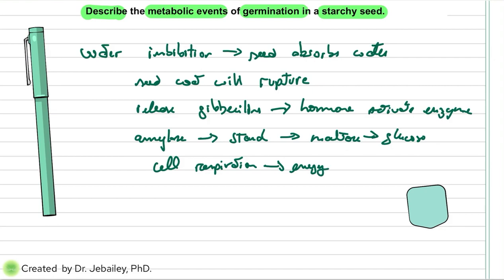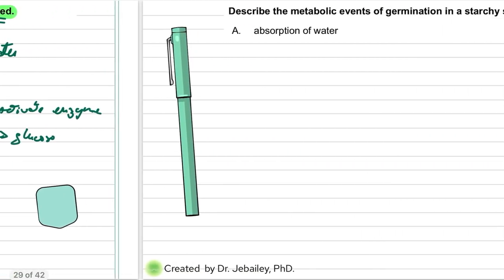And there's going to be a lot of movement of sugar for the metabolic rate of the seed turning into a plant. So this is basically what's going to happen every time we talk about the metabolic events of germination in starchy seeds. So let's see what we have here for the mark scheme.